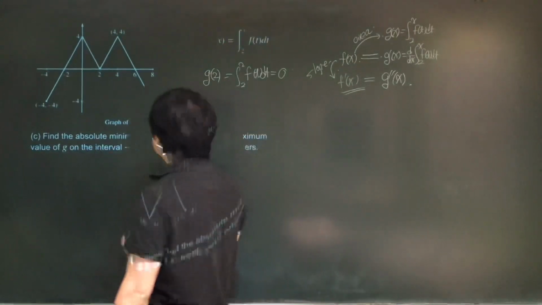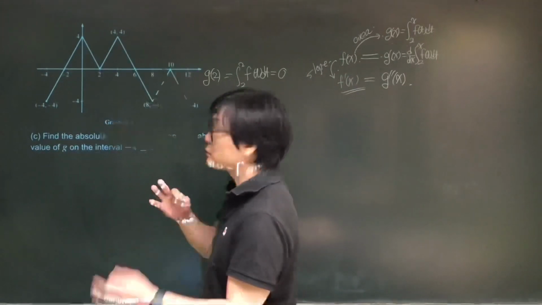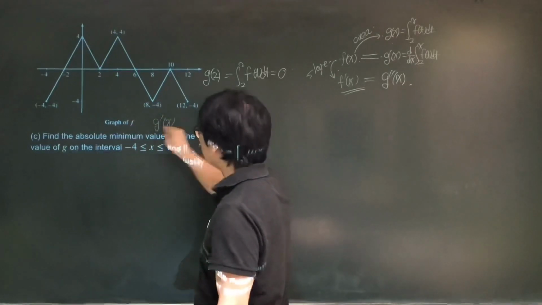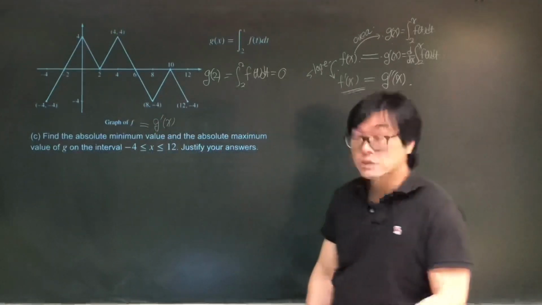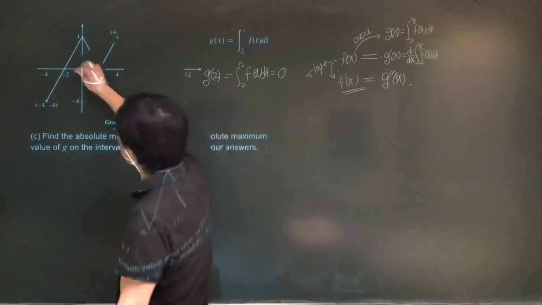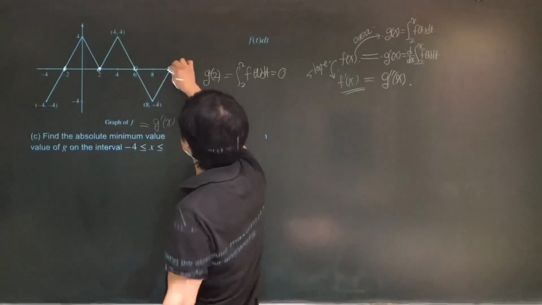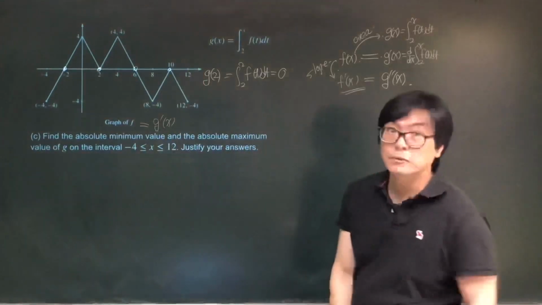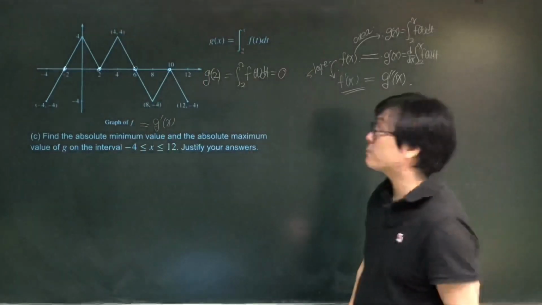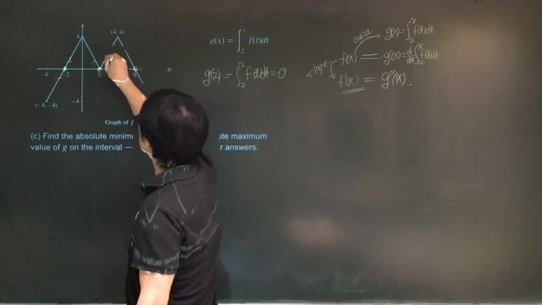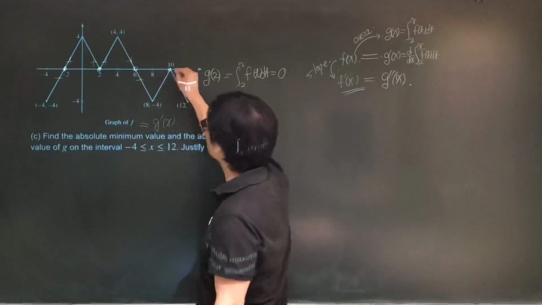First, to find the local maximum and local minimum of G, we need to find G prime. Again, this is the same as this graph itself. So we need to find all the points that make G prime 0. Among these points, we need to check the plus-minus sign flipping. So above, below: negative, positive, positive, positive, positive, negative, negative, negative.